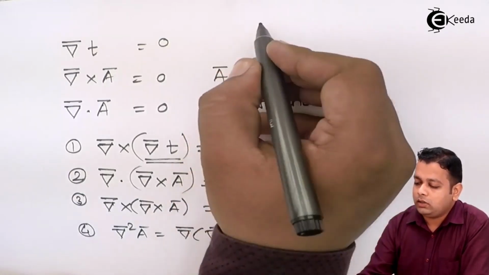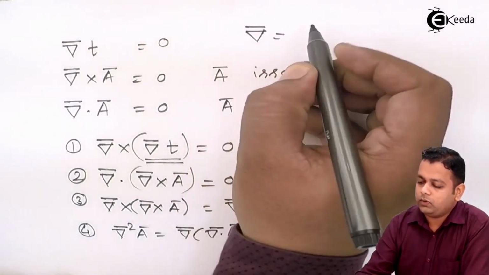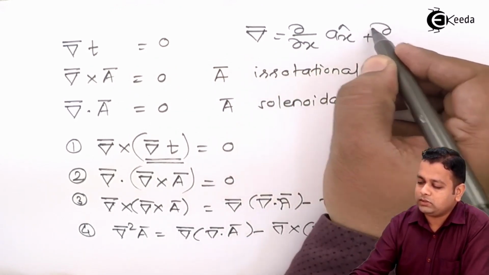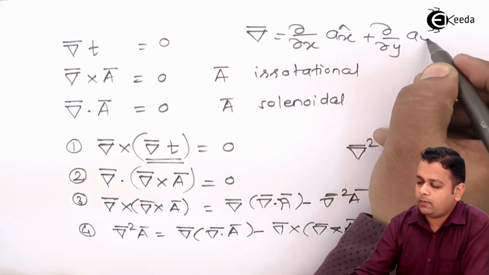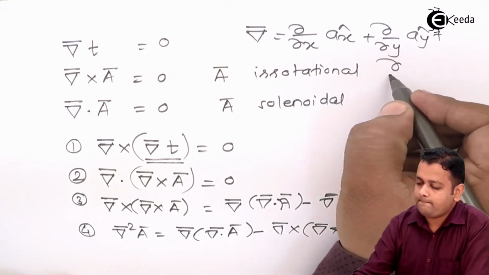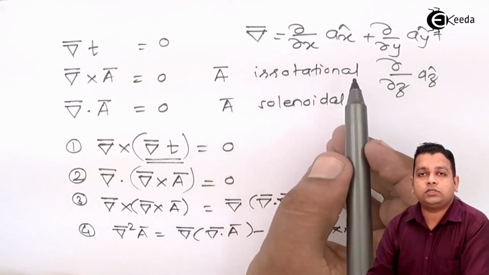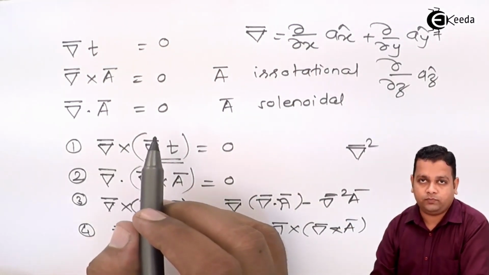We know that the del operator in rectangular coordinates has this form. So it is a first order differential operator.